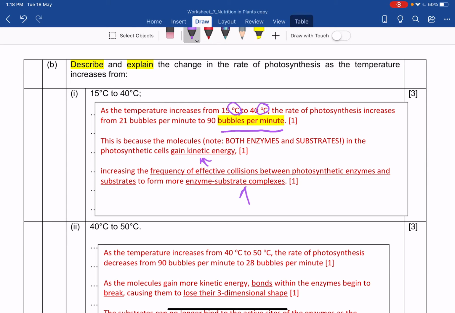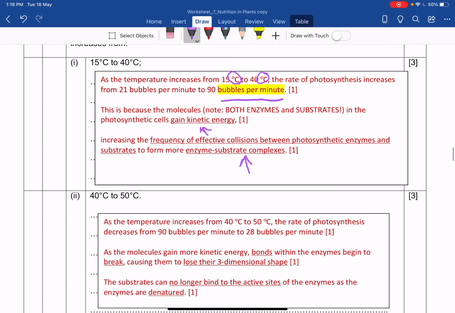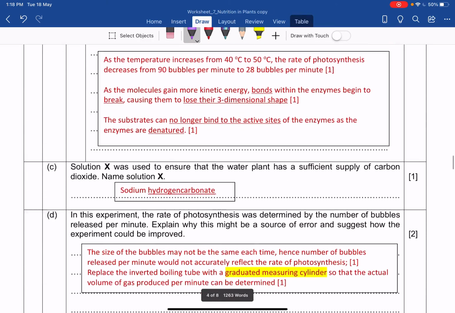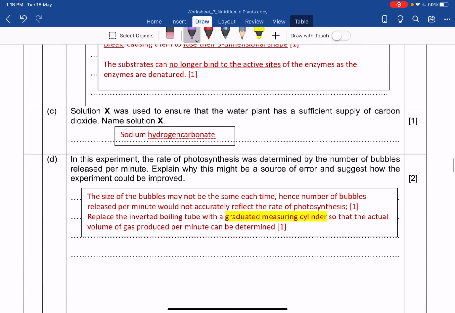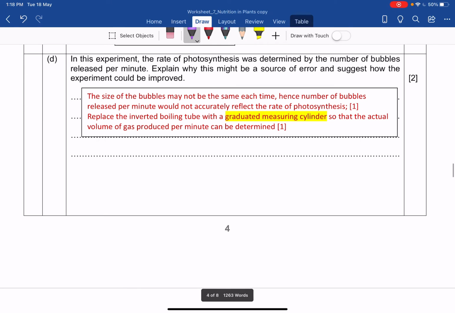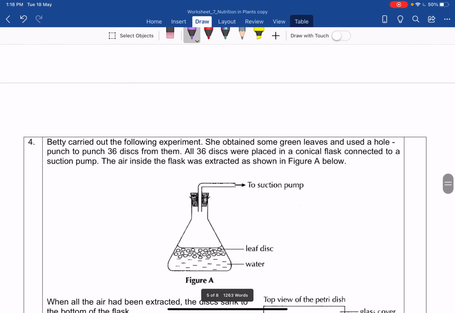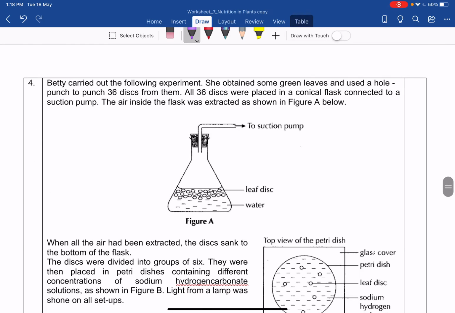So you see similar keywords that appear for enzymatic reactions from your previous topic on enzymes. So moving on, you can see the rest of the questions with their answers. Feel free to discuss any of your answers with your teachers, but I think the answers are really quite self-explanatory. Now for the second last question.